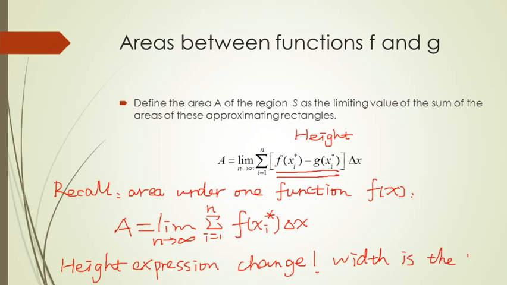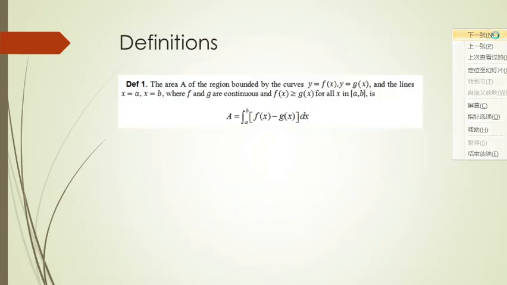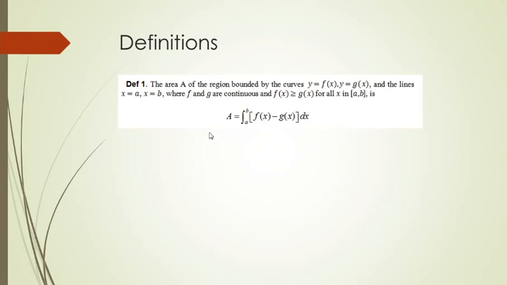And xi* is a free choice, any value in the subinterval. Actually, we can especially choose the right endpoint according to one theory before.